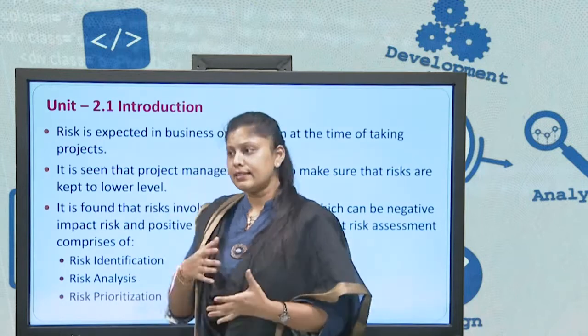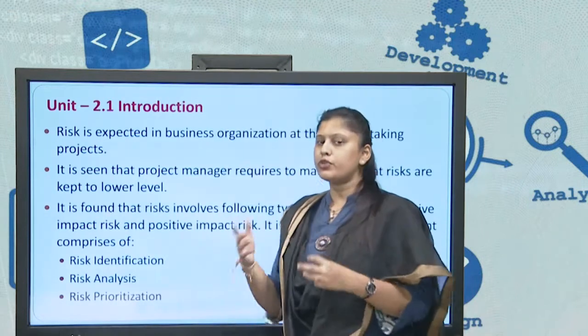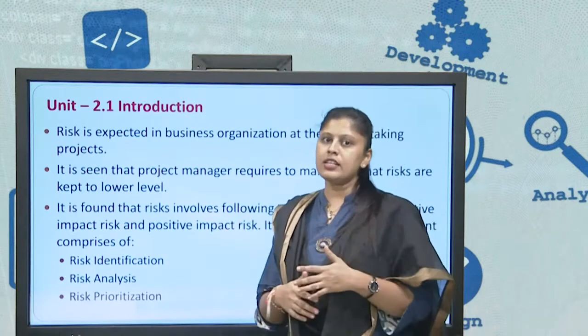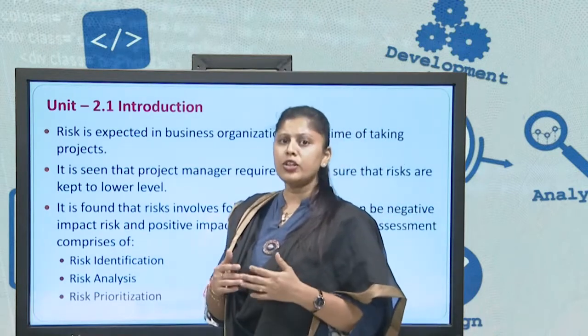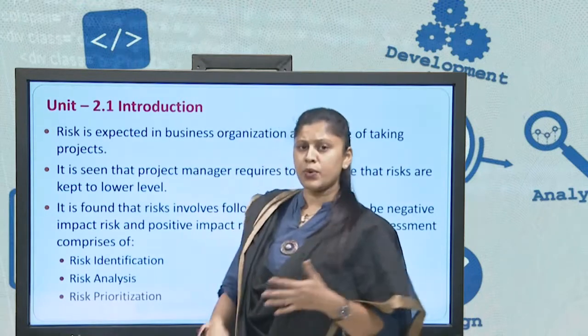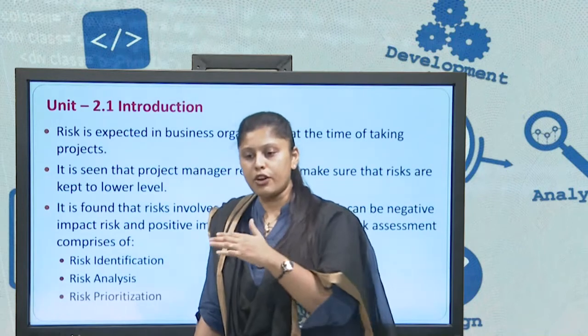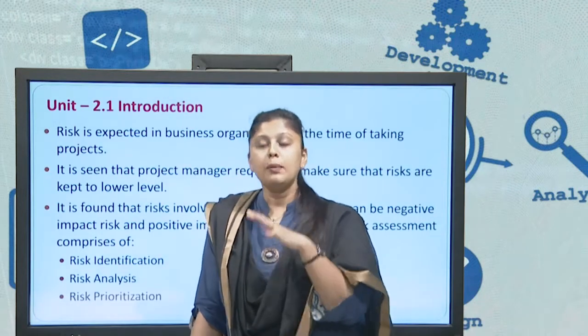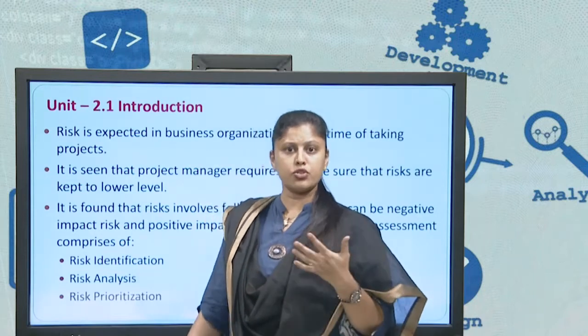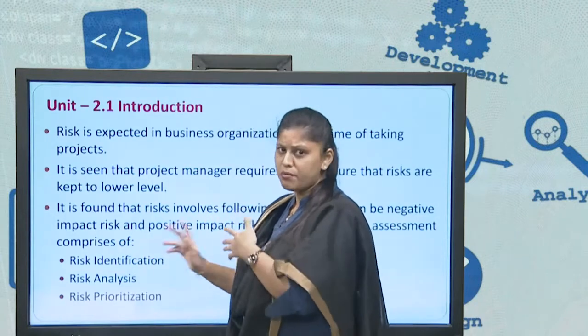Risk assessment comprises three steps. One is risk identification: you have to identify what kind of risk is going to be there with your software project. You have to analyze that risk, whether it is low, medium or high, and what its impact is going to be, maybe positive, maybe negative.